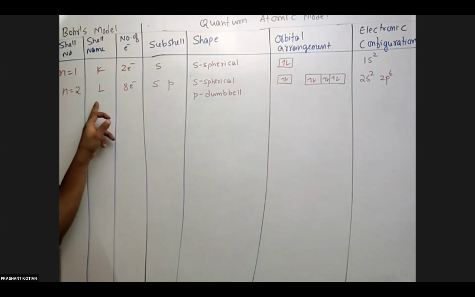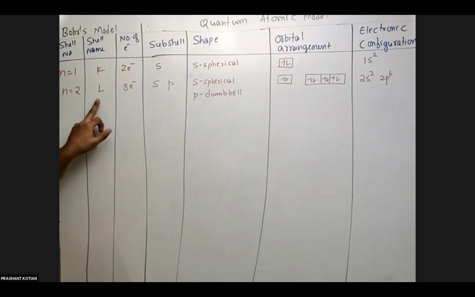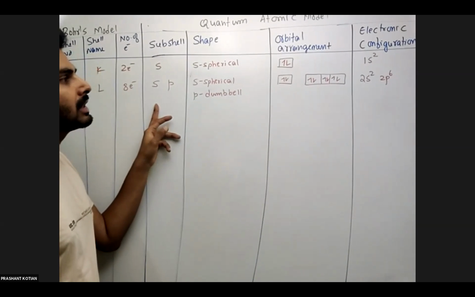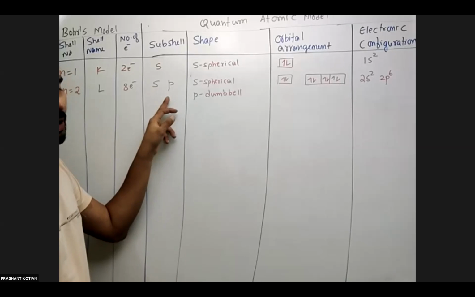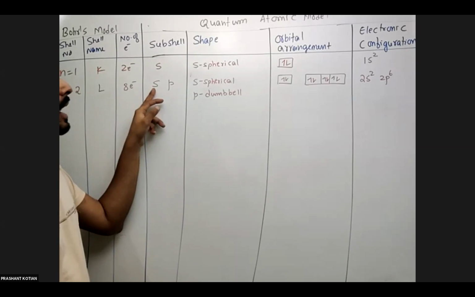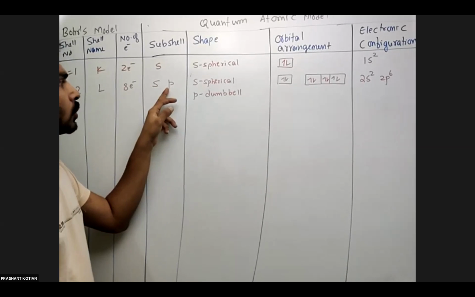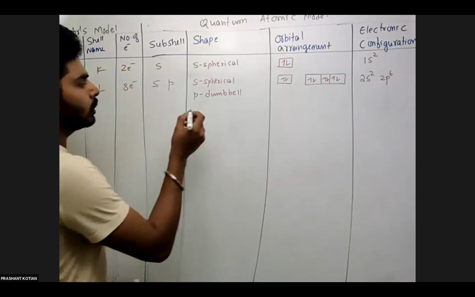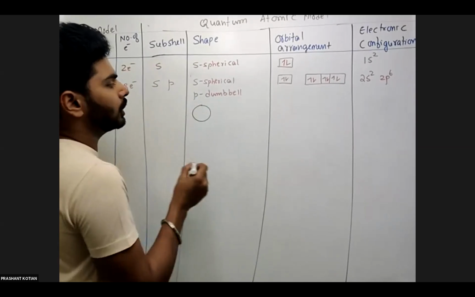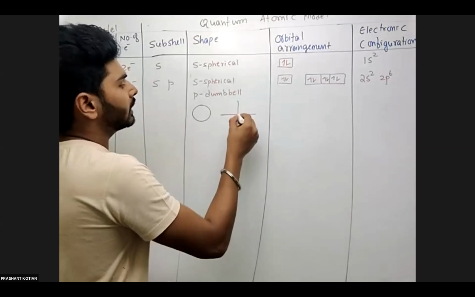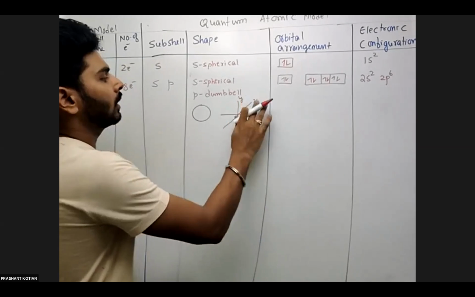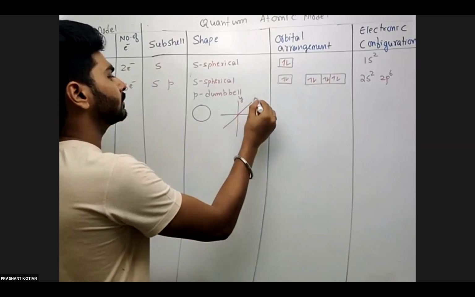Next we have seen n equal to 2. So L shell. There are 8 electrons according to the Bohr model. The quantum mechanical model distributes those 8 electrons in 2 different subshells, one in spherical manner, another in dumbbell manner. So s subshell and p subshell. Last class I told you s means spherical in nature, but p is dumbbell in nature. There are 3 different axes, x, y, and z.